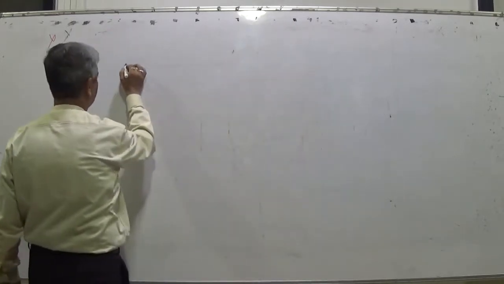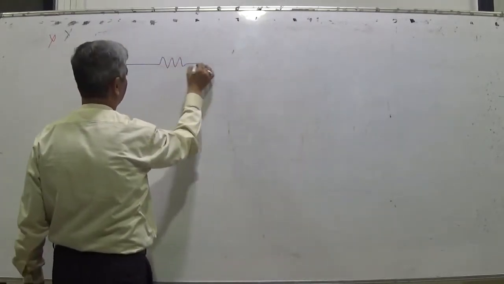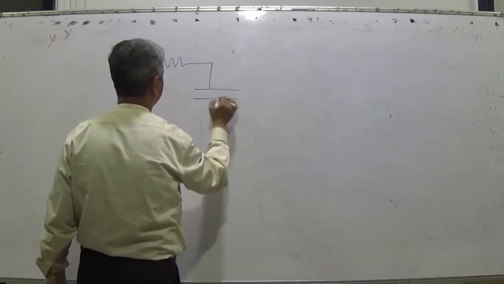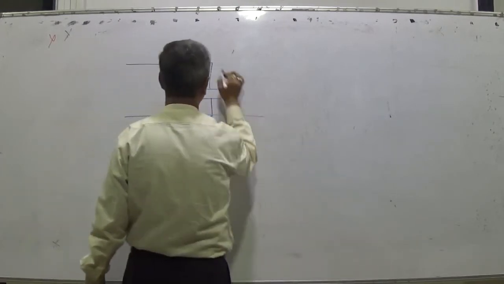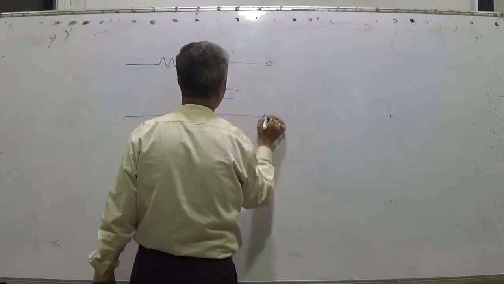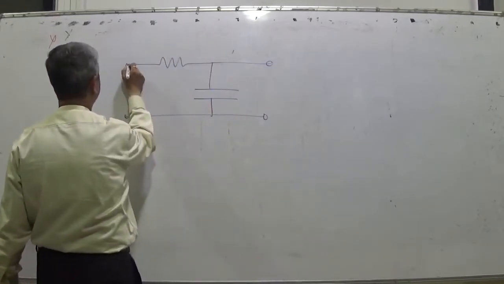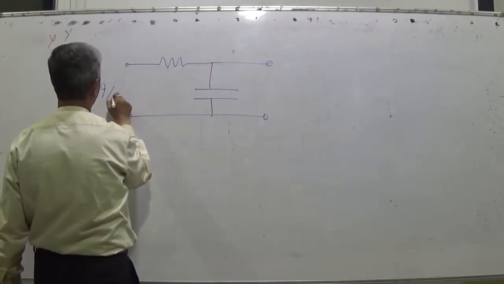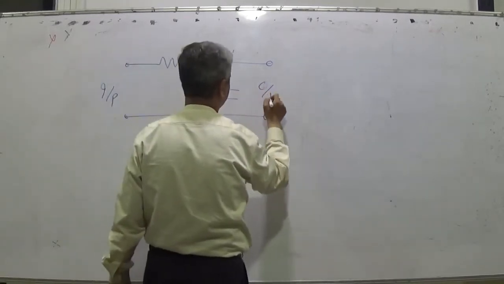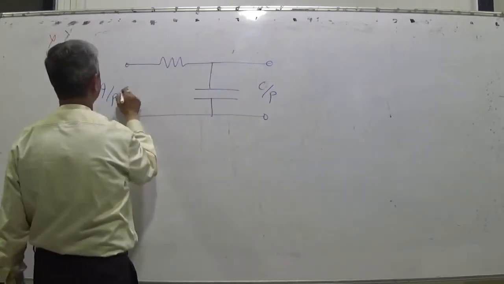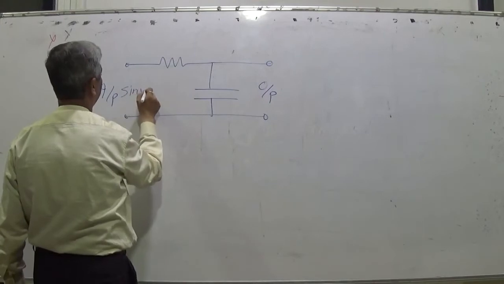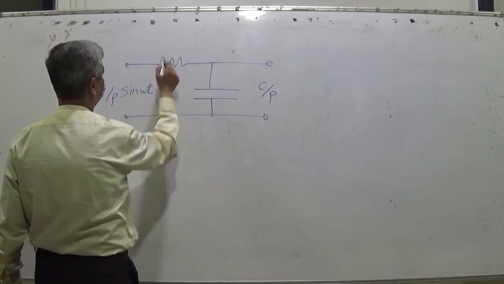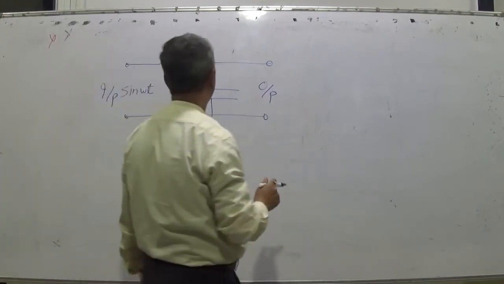A simple circuit which I always like is this. I like it because it is constructed with very simple components, with an input and an output. If I apply sine omega t here, the resistance is 1 and the capacitance is 1.